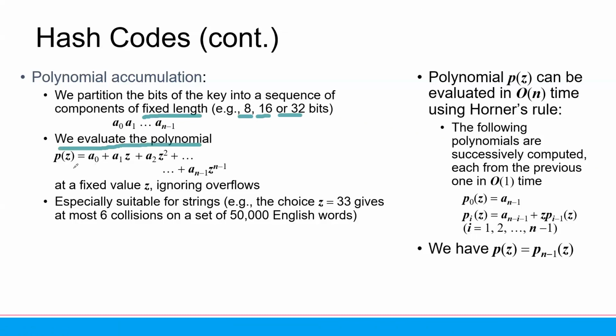The polynomial starts with a coefficient, let's say a0, and then another coefficient a1 multiplied by z. z is a variable, and then we have another coefficient a2 multiplied by z to the power of 2, and so on until the coefficient a(n-1) with z to the power of n-1. So we have a fixed value of z and we ignore the overflows.